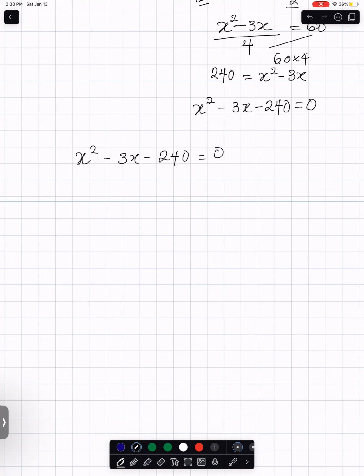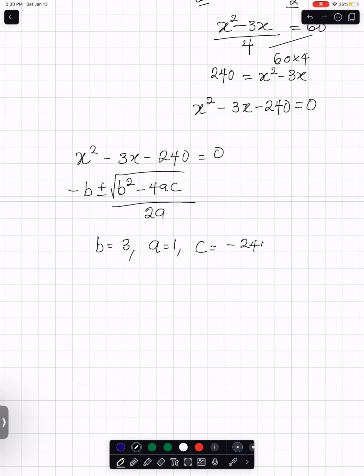Using your quadratic formula, we have minus b plus or minus the square root of b squared minus 4ac, divided by your 2a. So our b value there is minus 3, a is 1, and c is minus 240.